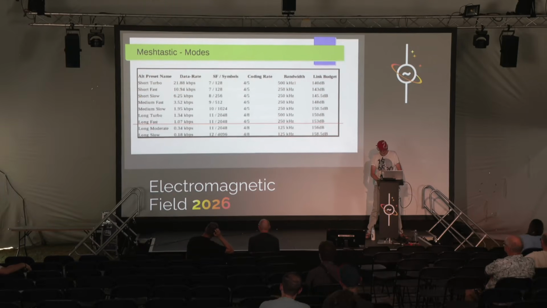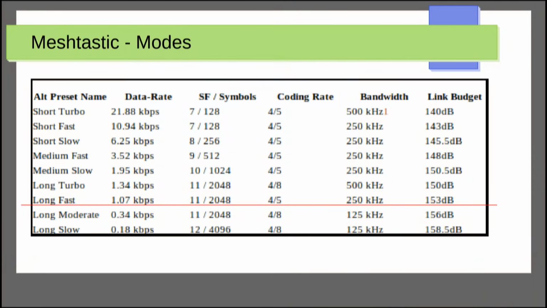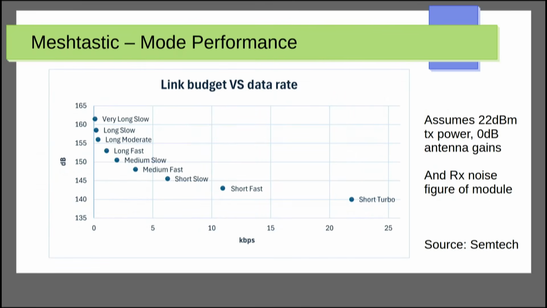So these are the Meshtastic modes you can have. I used long fast, which is a slow data rate and a very good margin of loss for your transmission path. This is the link budget for Meshtastic. You can see long fast is just about down at the bottom.